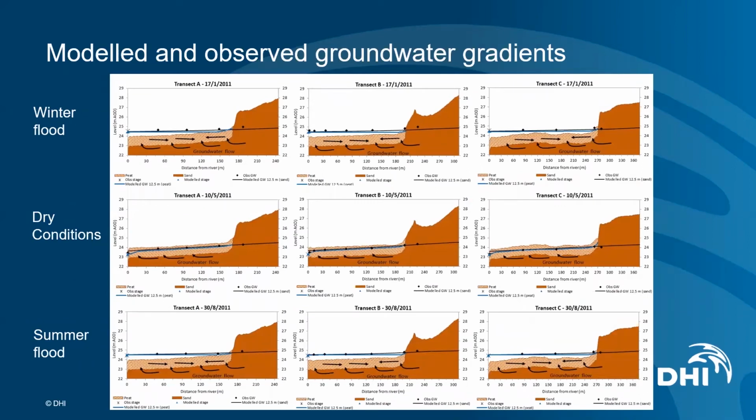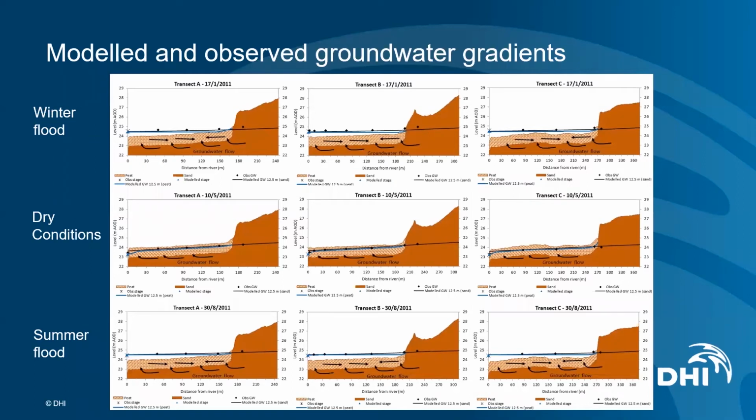And this is just to summarize what we're seeing here and what that means for the flow patterns. So if we start at the top, we're looking at a winter flood, and you can see that the water levels are high in the groundwater. They're also high in the river system, shown by the cross right on the edge. And we're getting this behavior of water flowing from the river into the wetland and into the peat. But we still have, coming from right to left, a groundwater gradient.